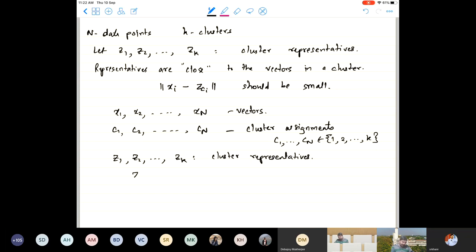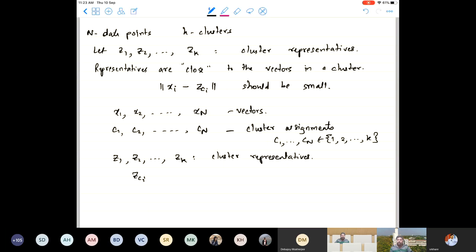Ci takes one of the values 1 up to k. So if xi is a vector with cluster assignment Ci, you choose that representative ZCi, and you look at the distance of the vector xi from ZCi, and you want this distance to be as small as possible.